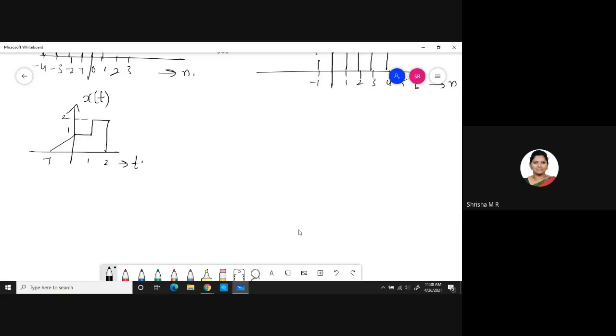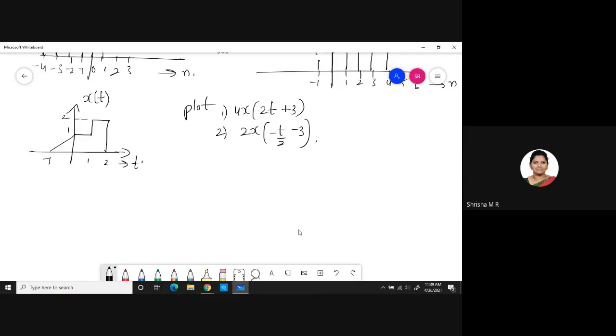Did you try this, everyone? Yes, ma'am. So what did I give you to plot? Given x of t, plot 4x of 2t plus 3, and I also gave you 2x of minus t by 2 minus 3. Did you plot this, everyone?